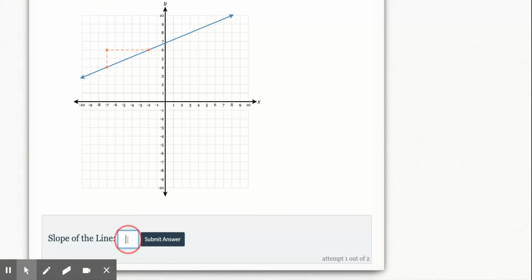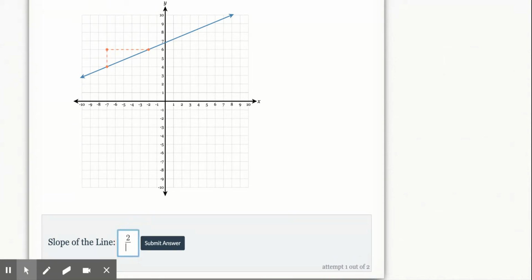So I put a 2 on the top, in the numerator. And then my across is 1, 2, 3, 4, 5, 5 boxes. So my slope is 2/5 here. 2 up, 5 across, 2/5.